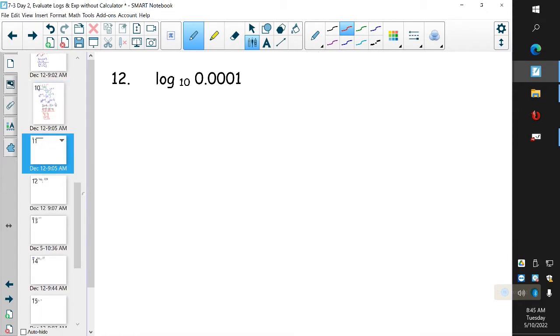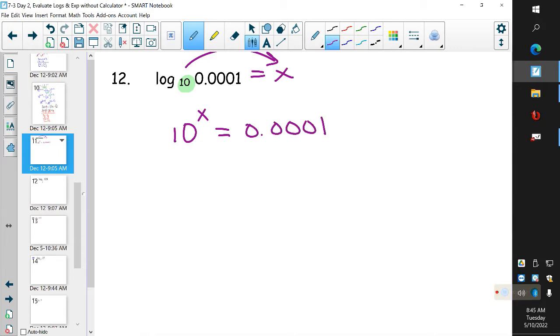Okay. Number 12. This is a logarithm, so I'm going to set this thing equal to x to write it as an exponential. So I'm going to grab the base, go across the equal sign and make that exponent be the x. And this is 0.0001. Then I'm going to write this decimal as a fraction: tenths, hundredths, thousandths, 10,000ths.